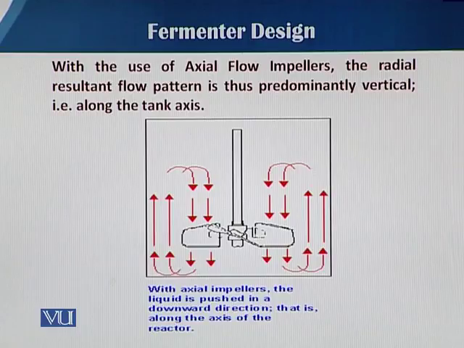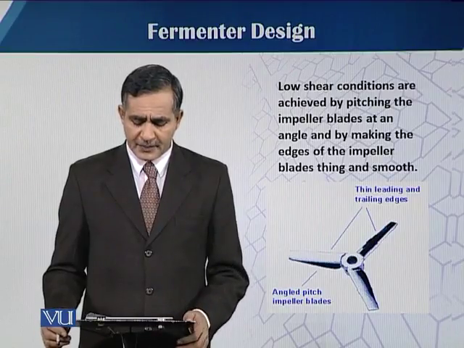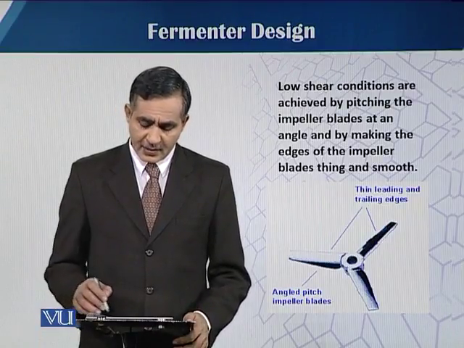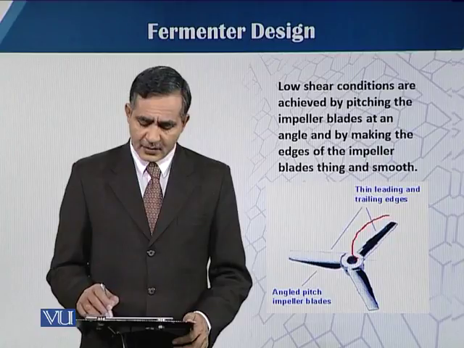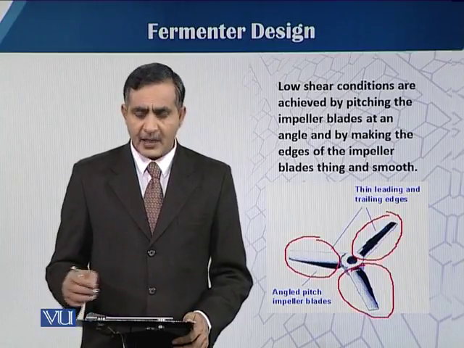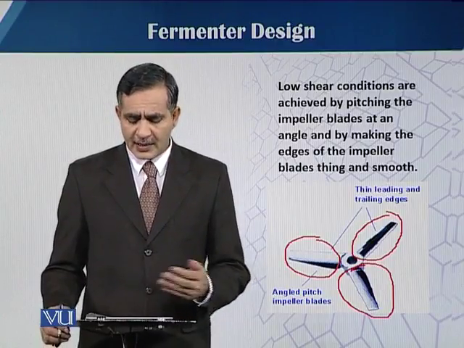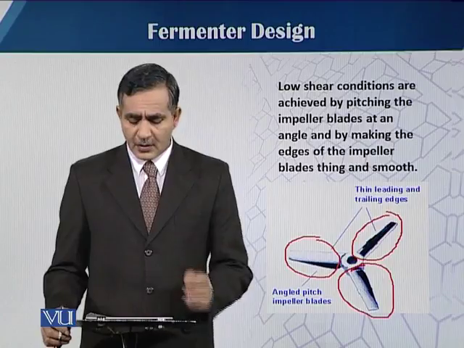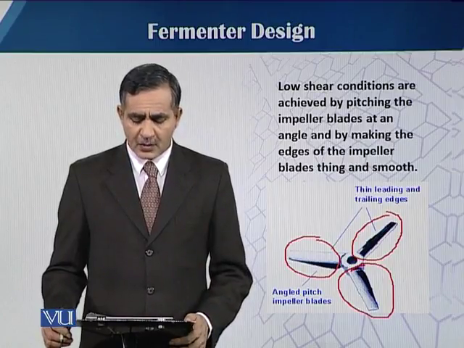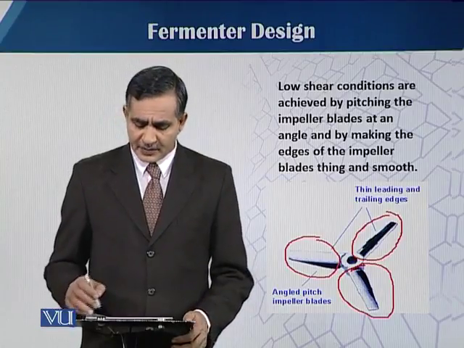The low shear conditions are achieved by pitching the impeller blade. You can see in this picture that it mostly looks the same as our ceiling fan blades. That's why there are low shear conditions, and they tend to have less breakdown of the air bubbles.